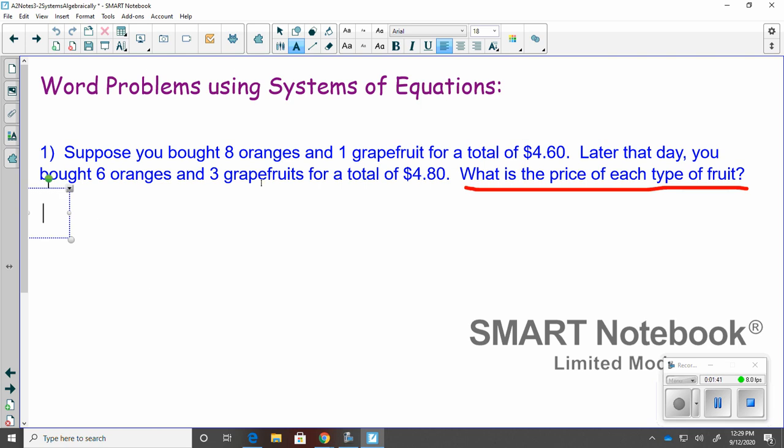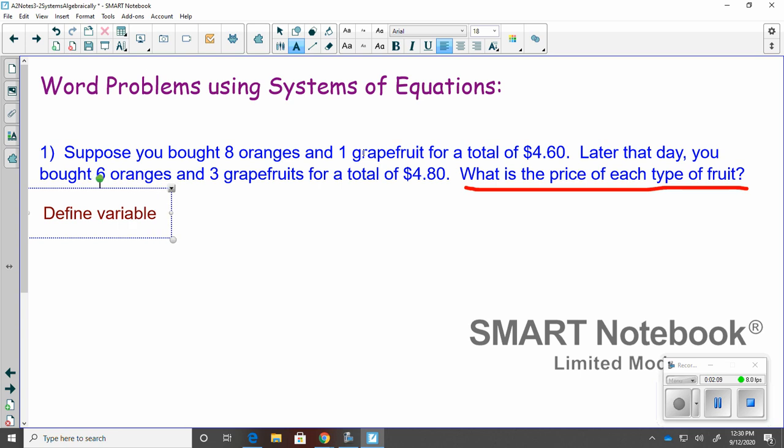Another hint: whatever comes first when you decide what the question's about, and this is about types of fruit, oranges come before grapefruit in the reading. So most of the time, the first item that you see in the reading is going to be the X.